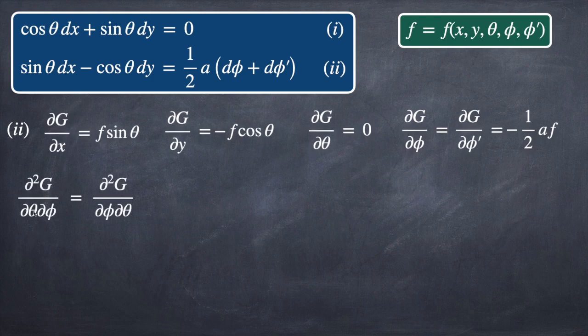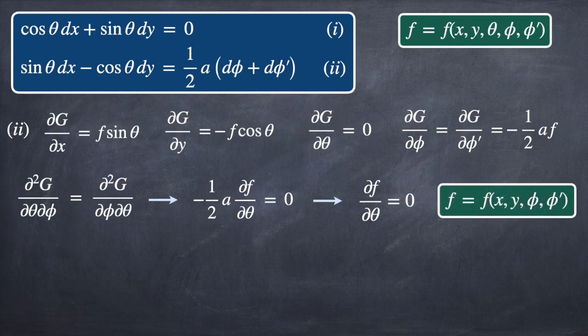And then if you calculate these partial derivatives here, del g del phi is equal to the negative of 1 over 2a, which are constants, and then we will have del theta of f, of this quantity f. And since del g del theta is equal to 0, then this is equal to 0. And we conclude that del f del theta is equal to 0 and f is not a function of theta. This is going to be a very useful information for this equation.